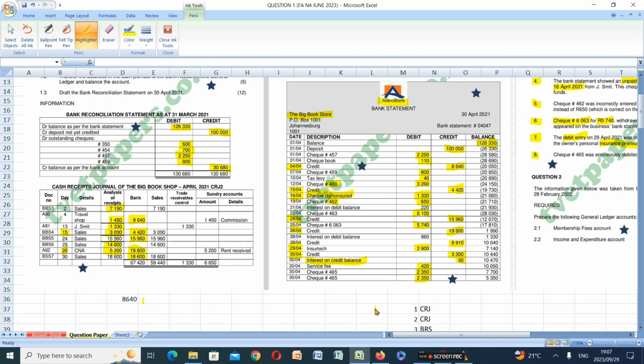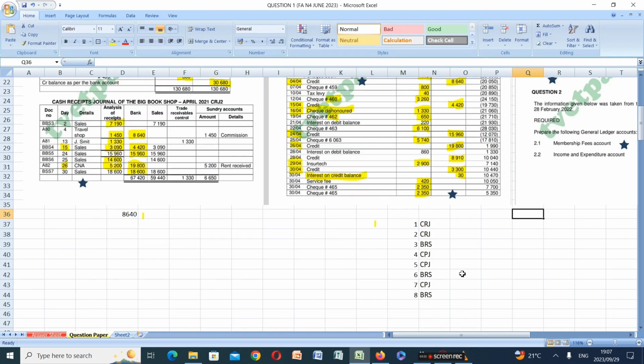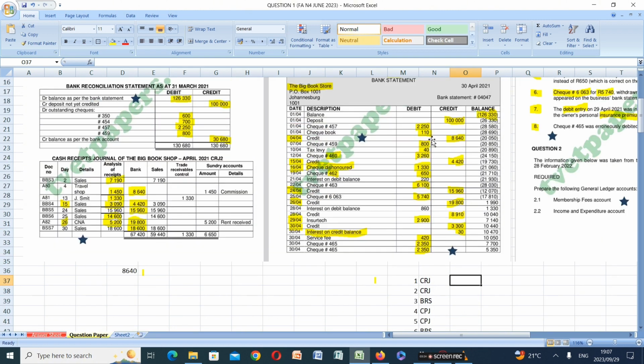Let me write them down quickly. It's the 110, plus the 40, plus this 40 here for tax levy, and then plus the 420. These are all our bank charges.